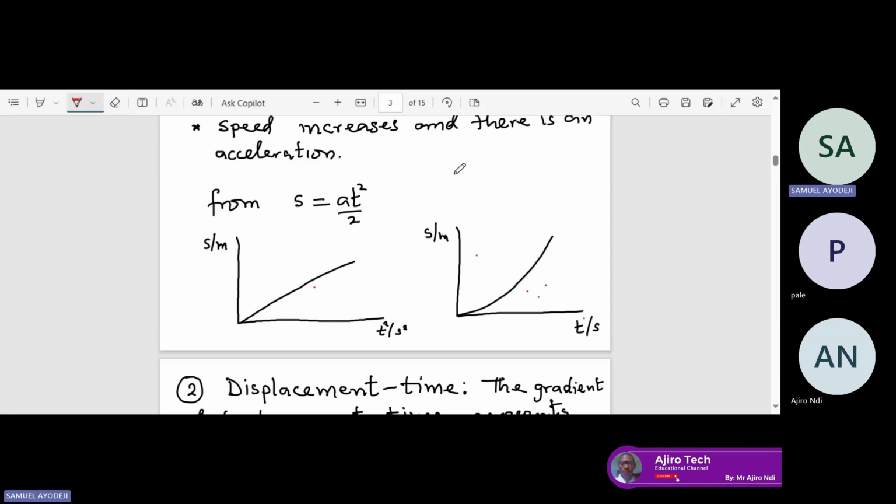For instance, if you have p equal to x power 4, you are plotting p against x to power 4, it will be like this because it's direct. But if you are plotting p against x squared, it will be like this as well. So it will be like that.